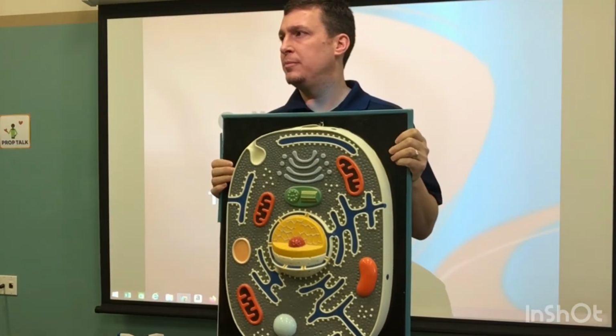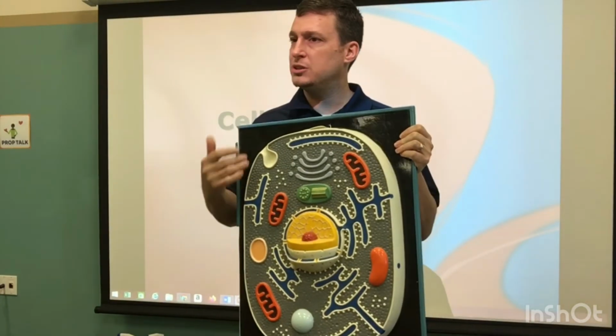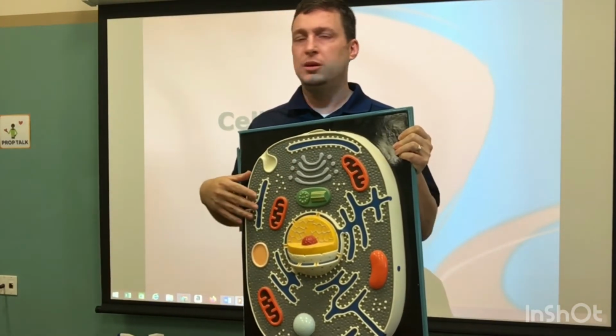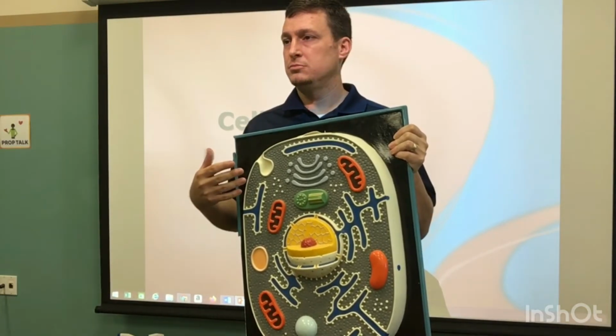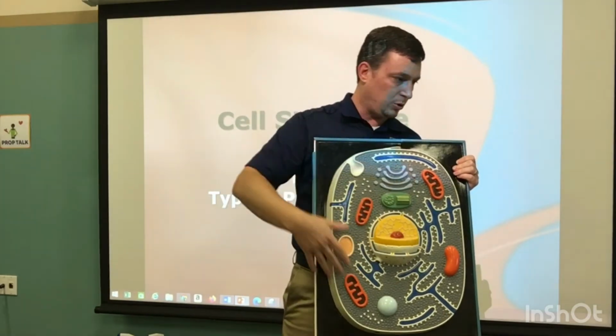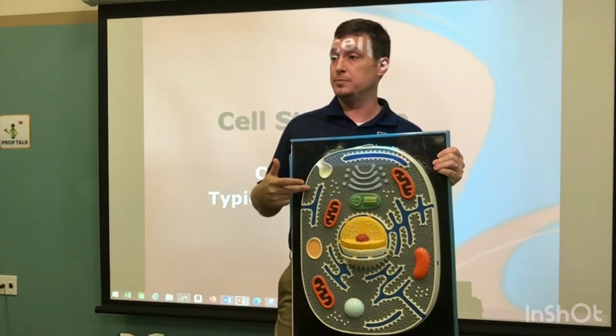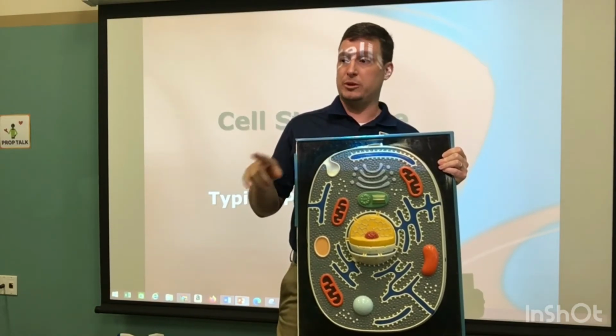Let's think about that. If your cell didn't have parts and pieces to it, could that cell function? No. Okay. If that cell's parts and pieces didn't do all their jobs properly, then your cell would die, wouldn't it? Now, here's the thing. If your cell dies, what does that mean about you?